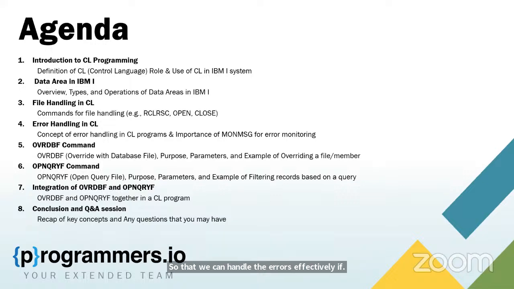We will see the concept of error handling in CL programming using the MONMSG command. Following that are the two major commands: OVRDBF, or Override Database File, where we will see some examples, and Open Query File, which is used for querying the file.